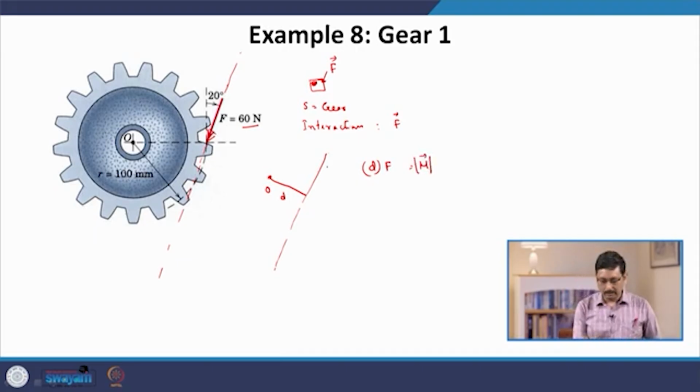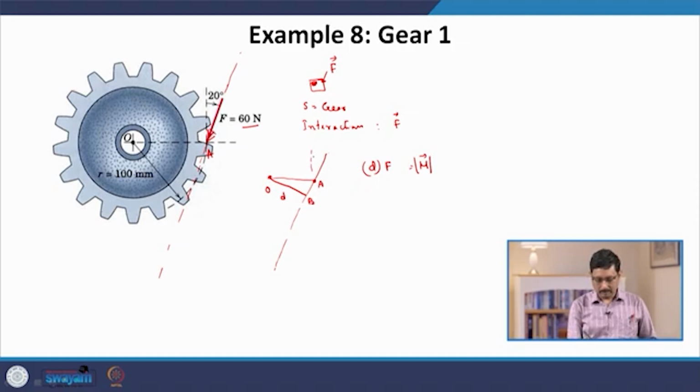So, F is given; we need to calculate d, and that we can calculate from the geometry. Suppose this point is A, the point of application of the force, and this is a perpendicular on this line of action, let us call it B. So, we need to calculate what is AB.